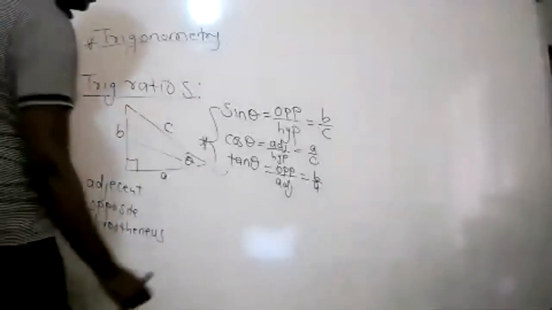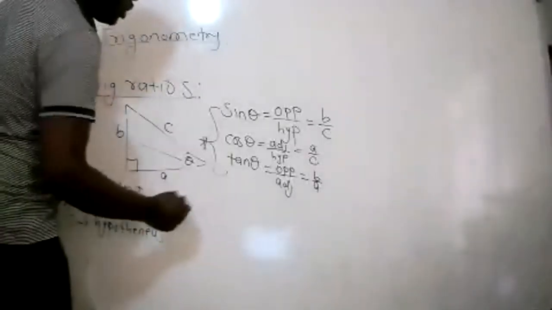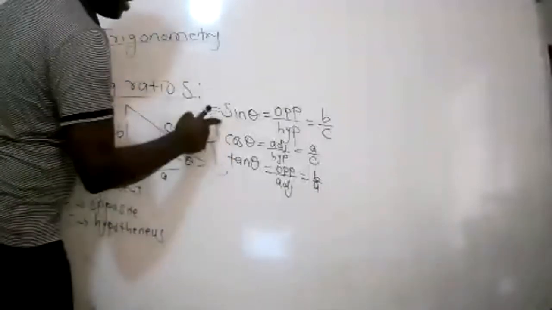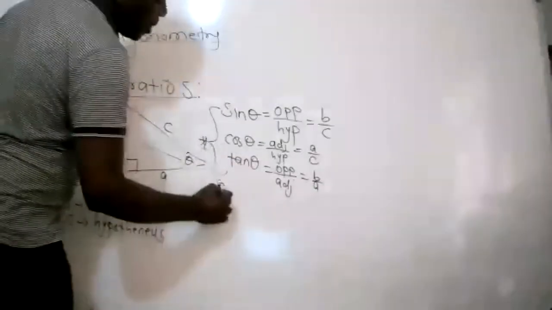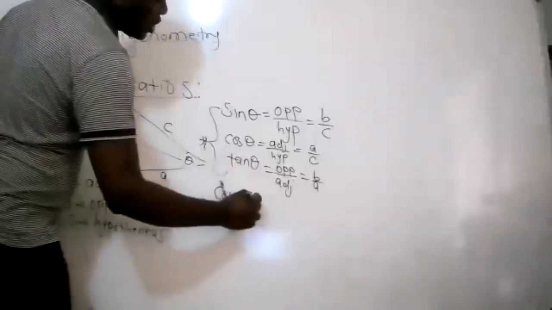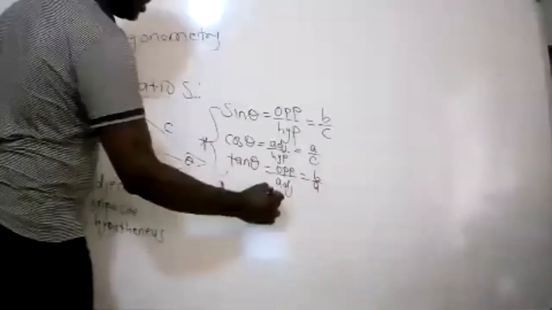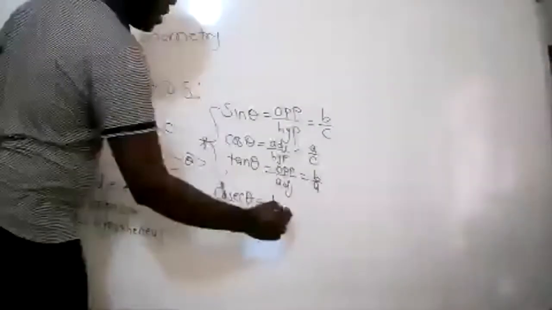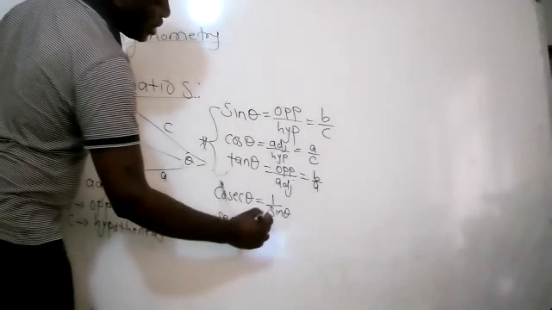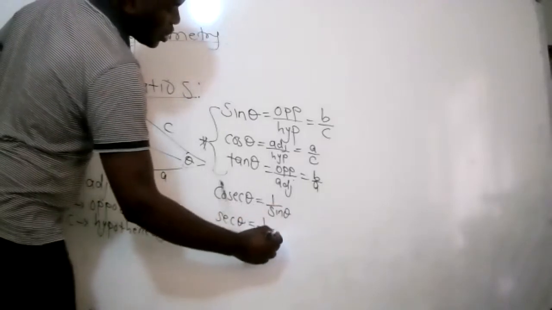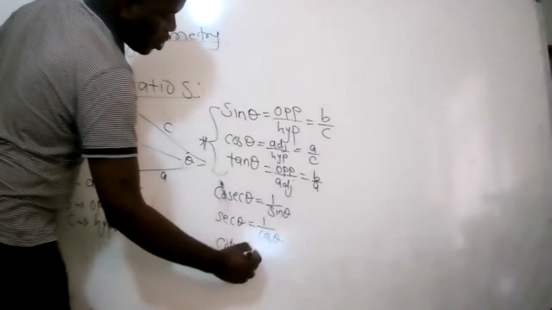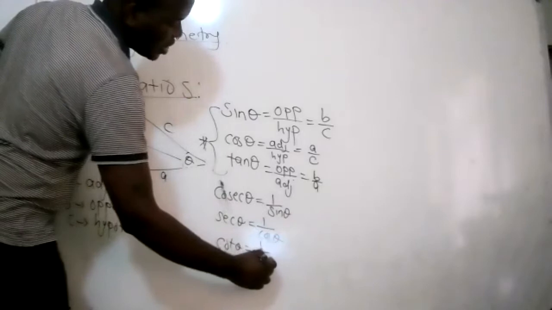Now, there are other functions we use besides sine, cos, and tan. Let me start with cosec, which is the same as 1 over sine theta. We also have sec. Sec theta is equal to 1 over cos theta. And the last one is cot, which is the same as 1 over tan theta.